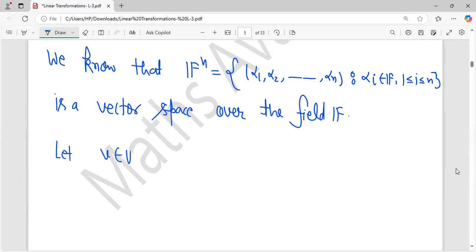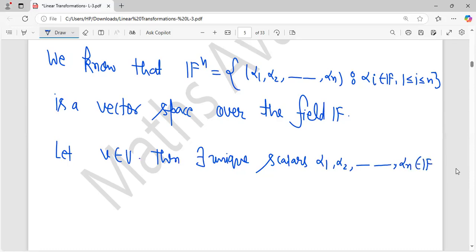Let v belong to V. Then there exist unique scalars alpha 1, alpha 2, up to alpha n belonging to F such that v is equal to alpha 1 v1 + alpha 2 v2 + ... + alpha n vn.